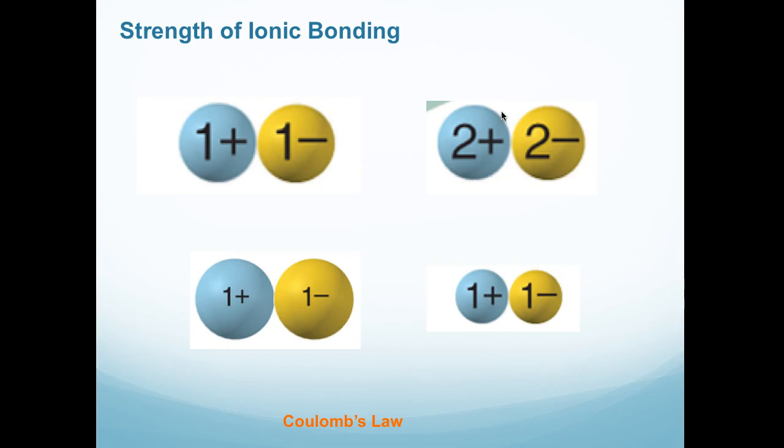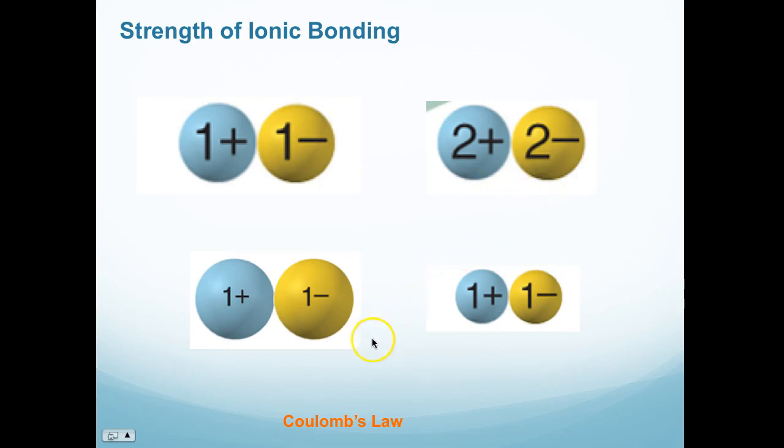So Coulomb's law says that if I have, for example, an ionic compound with a +1 and -1 charge, and I compare that to something that has a +2 and a -2 charge, the strength of the ionic bond is going to be greater if I have a higher charge. Okay, so the one with the +2 and -2, that will have a greater ionic bond strength.